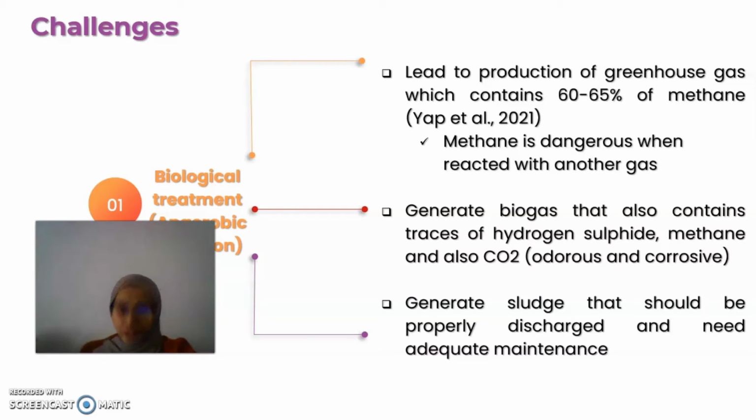In fact, this gas, methane, is dangerous when it reacts with another gas. The use of the anaerobic digestion method in POME treatment also generates biogas that contains traces of hydrogen sulfide, methane, and carbon dioxide, which we know are odorous and also corrosive.